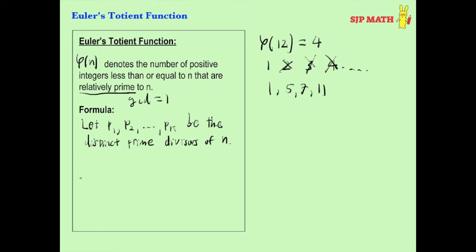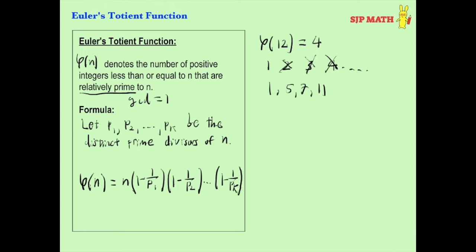Then the totient of n is equal to n times 1 minus 1 over P1, times 1 minus 1 over P2, all the way up to 1 minus 1 over Pk. Let me make that a bit neater, the k is a bit unclear. There we go.